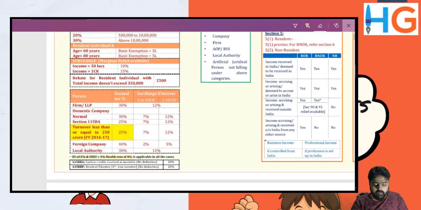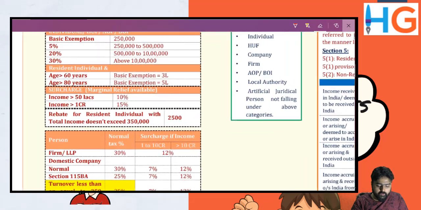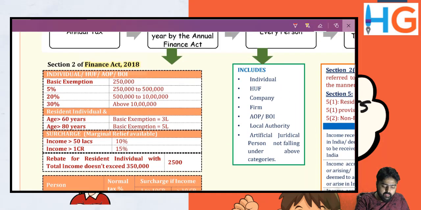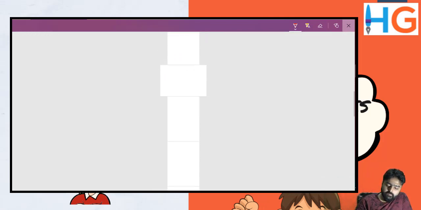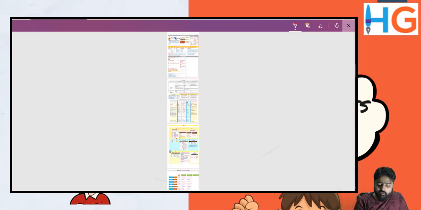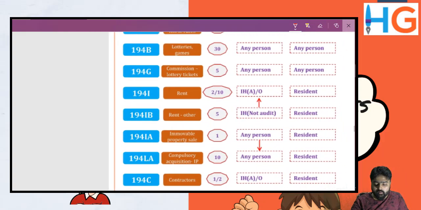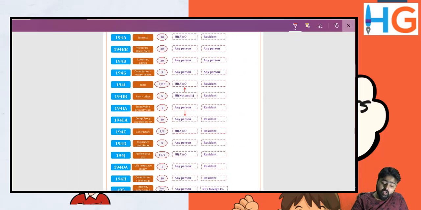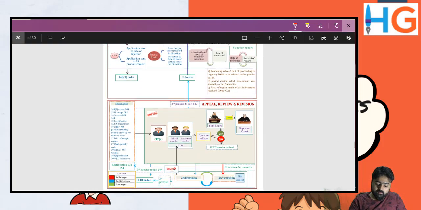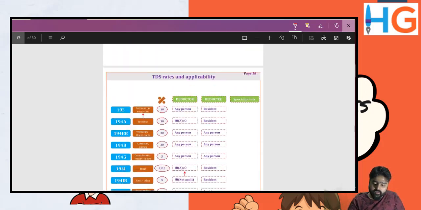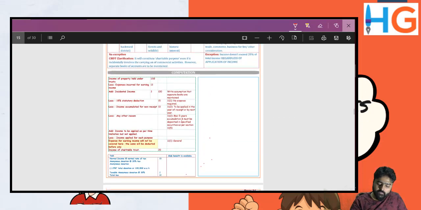So you tell your friends we will come together and not form a partnership firm or a company. We'll form an AOP because it has normal rates of tax. Basic exemption will be applicable to me as well as to the AOP.